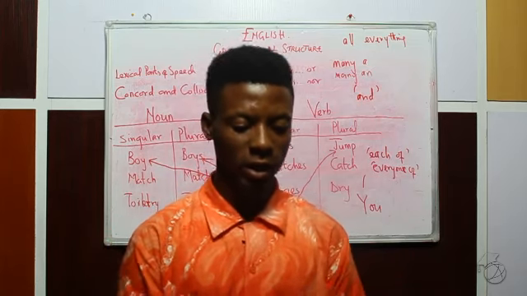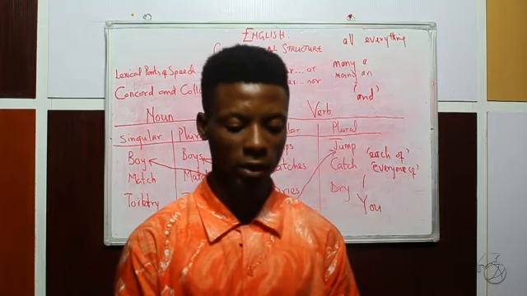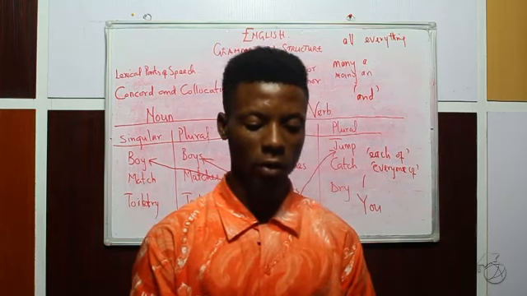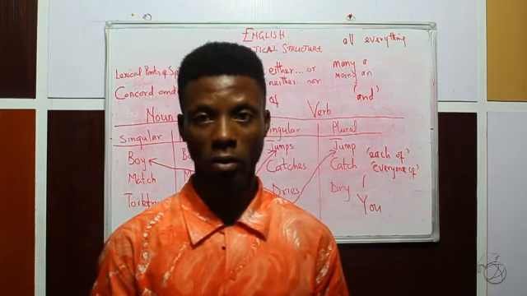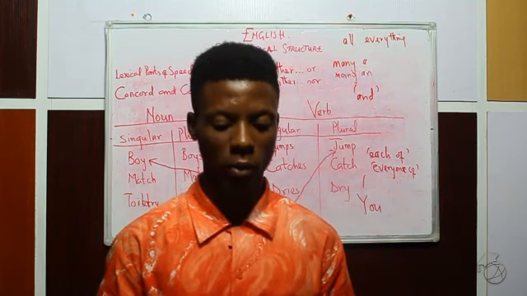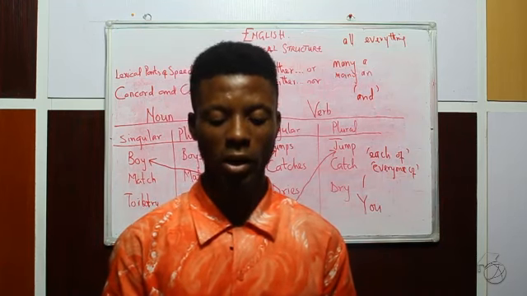Example: each of the boys has a friend. It would be wrong to say each of the boys have a friend. The correct sentence is each of the boys has a friend.